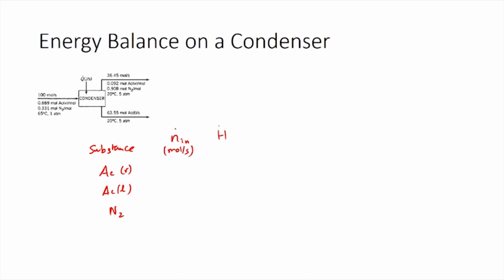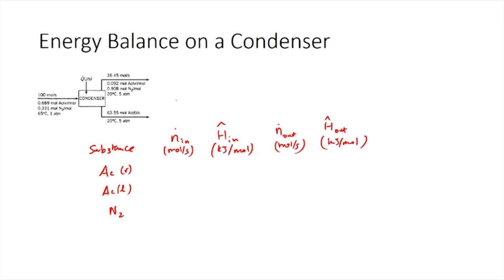also have to calculate the specific enthalpy changes in terms of kilojoules per mole, and you have outlet streams which is N dot out in moles per second and H cap out in kilojoules per mole.